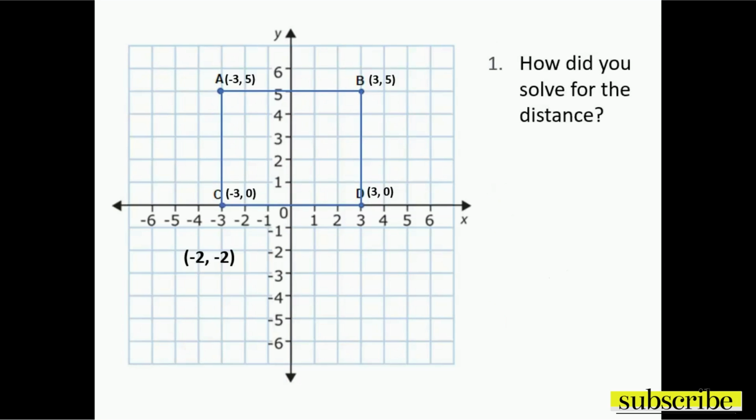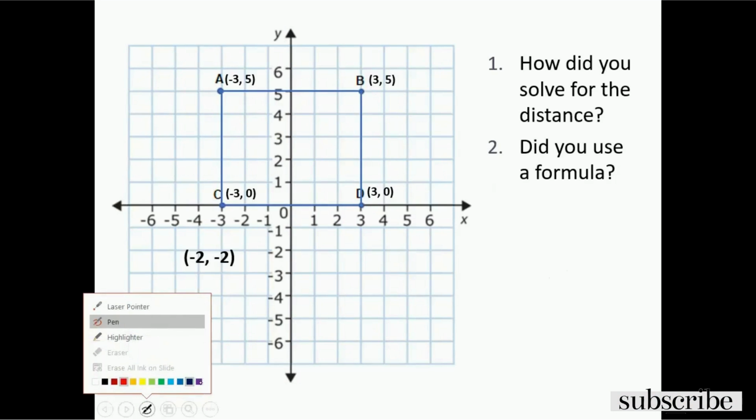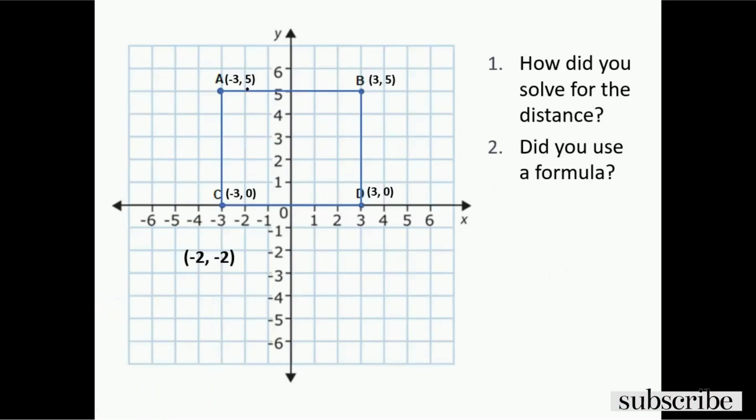How did you solve for the distance? Did you use a formula? No, we didn't. What we did is just look at the graph, and we know the distance by counting. Like this one, 1, 2, 3, 4, 5, 6.